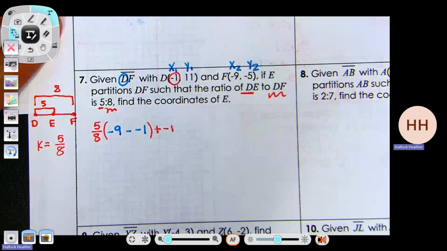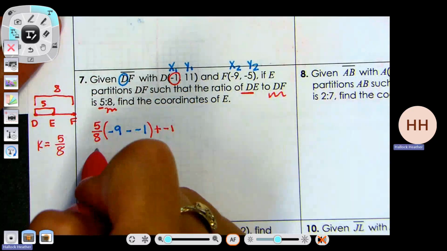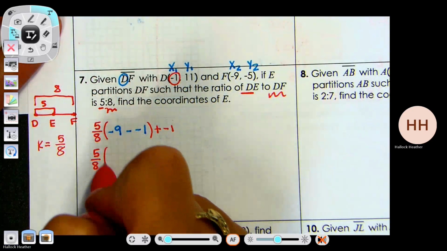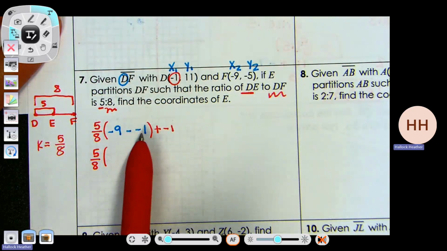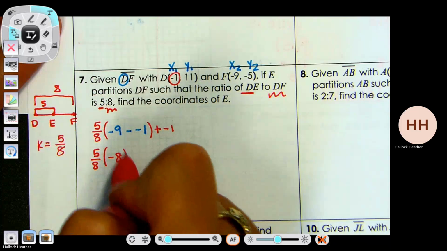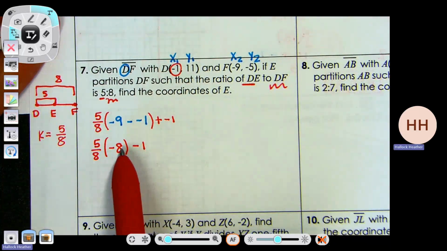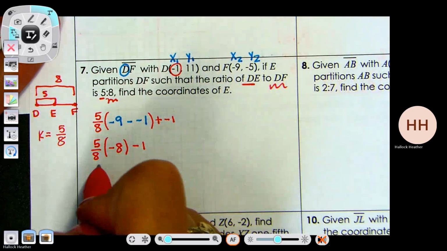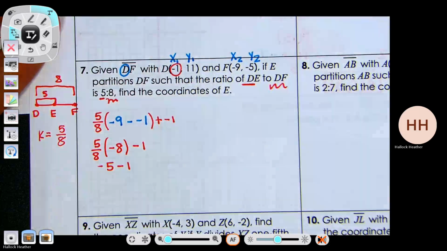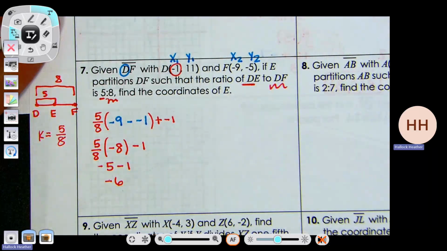So that's really -1. And then PEMDAS for life. I'm doing 5/8. I have -8, plus 1, -9 plus 1 is -8. (5/8) times -8, use a calculator, is -5. -5 minus 1 gives you -6.